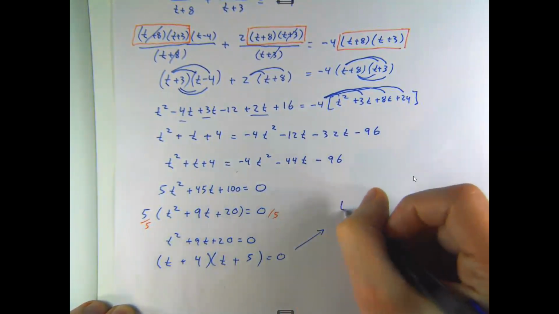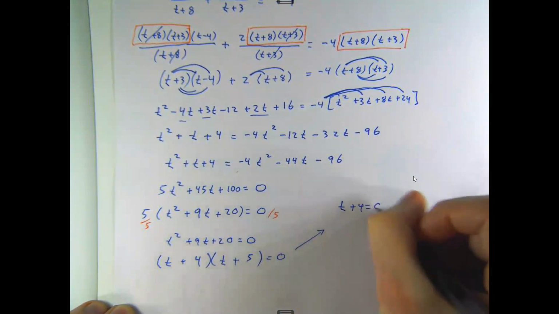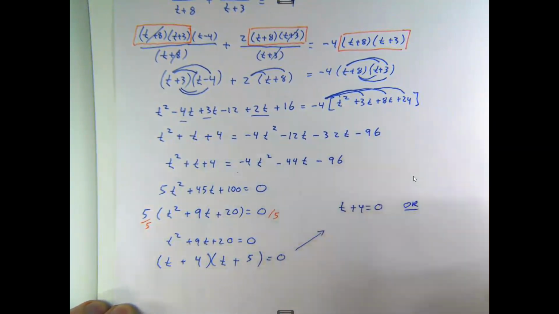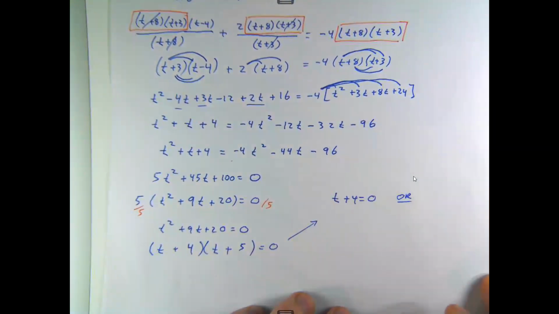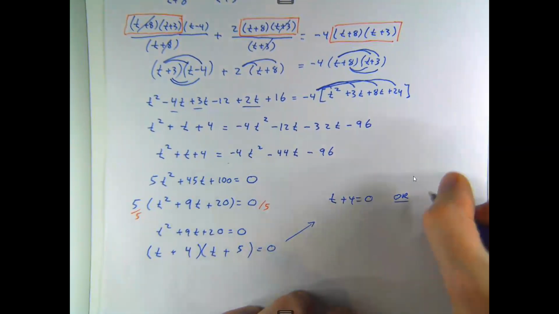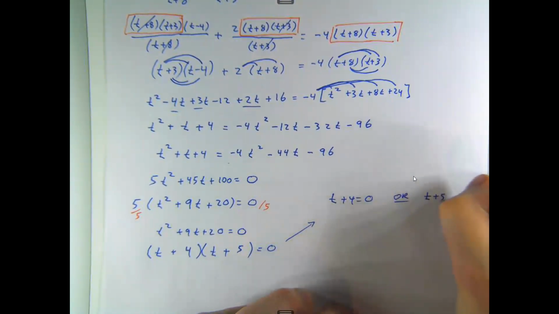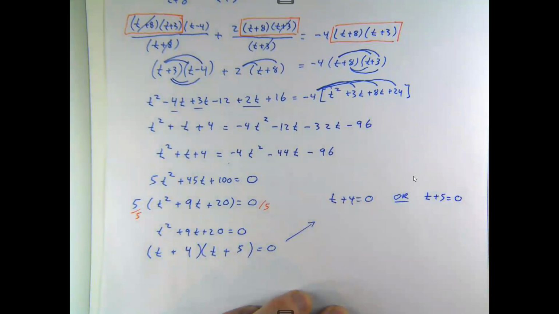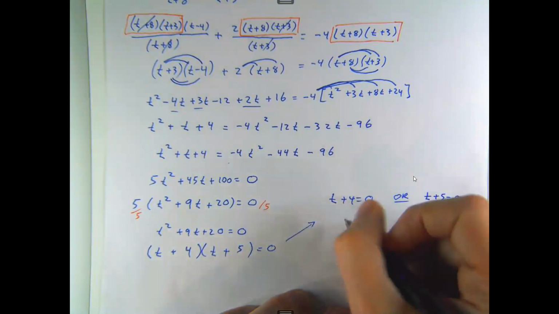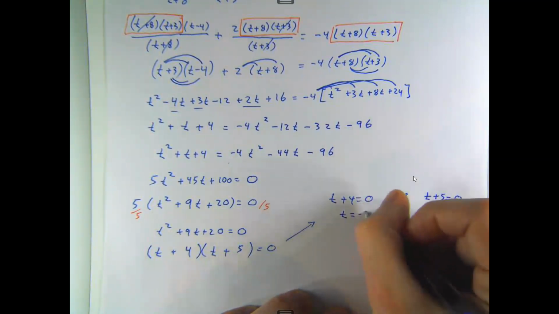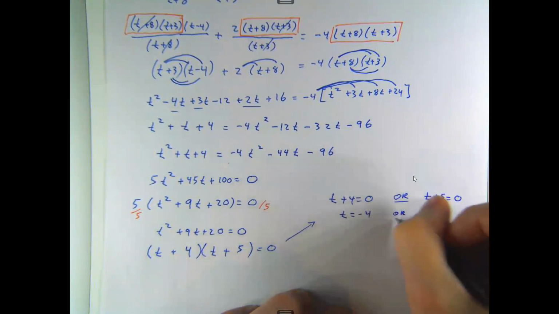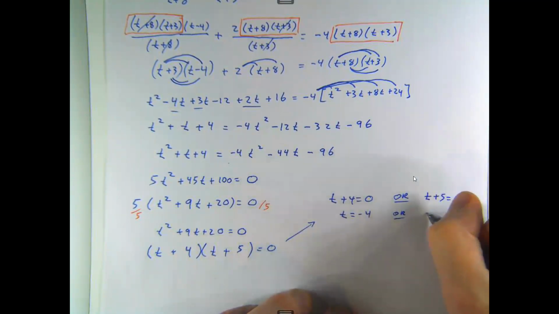So this tells me I have t plus 4 equals 0, or I've got t plus 5 equals 0. I'm going to solve by subtracting over the 4. T equals negative 4, or I'm going to subtract this over to the other side. So this is 0 minus 5, or negative 5.